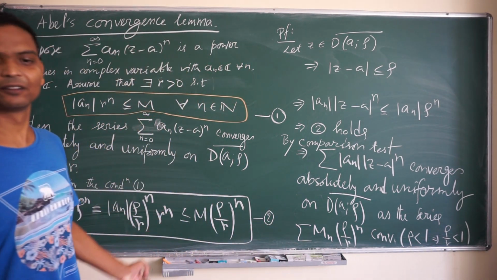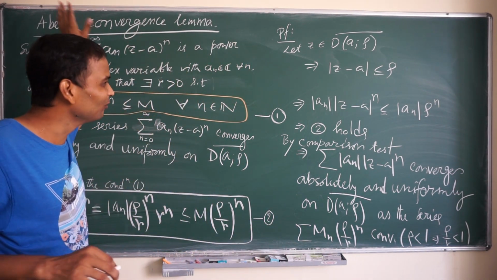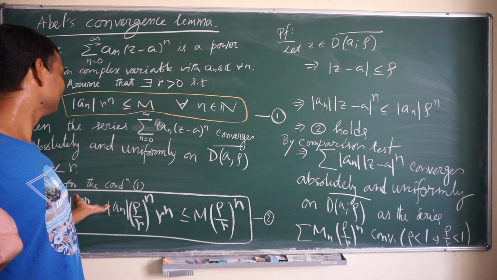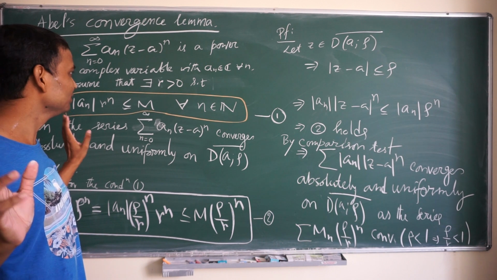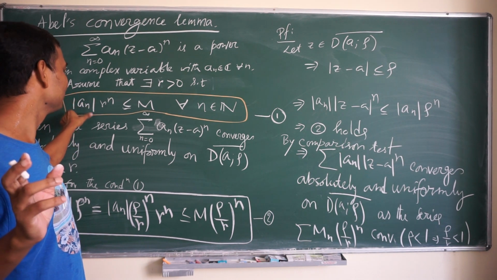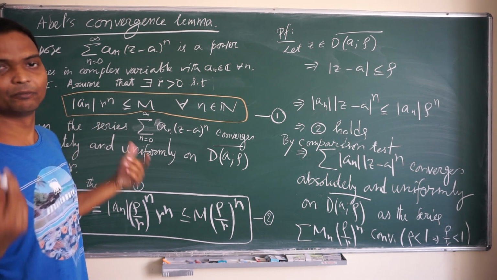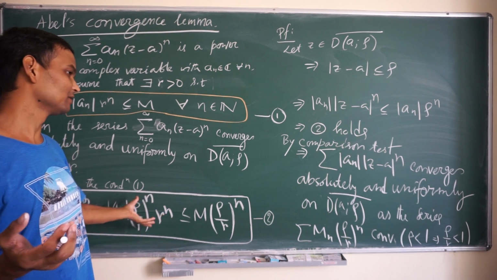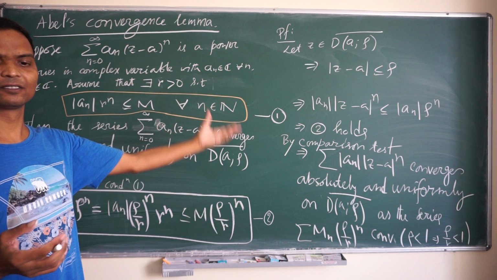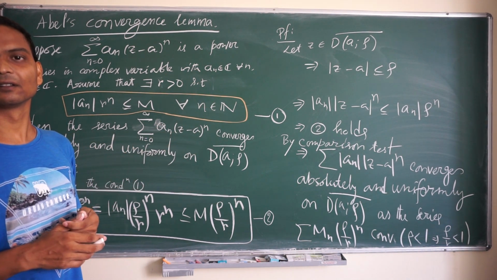So what is important in the whole proof is this one. What you need to remember in the proof is that you have to compare the series with the geometric series, and how you get the geometric series this way. Other things are just writing.